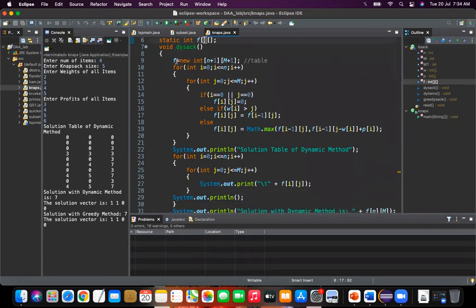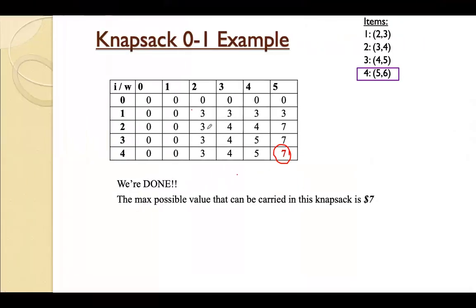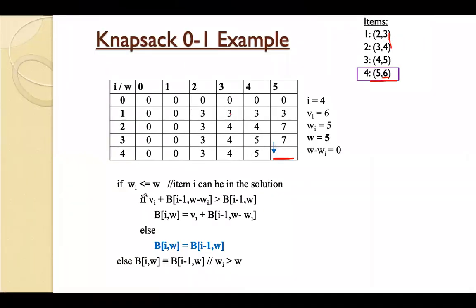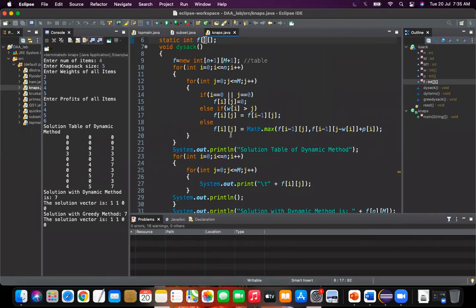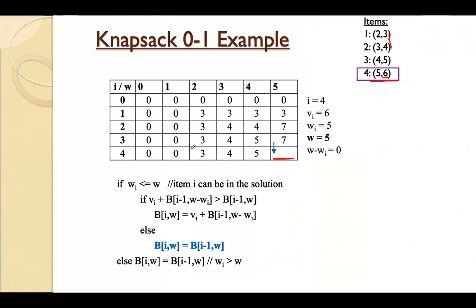So initialize the table F, and you can see here F of i j, where weight of i is greater than 0. See these 3, if else, that is nothing but what we have used here. So the same thing is implemented in the program. That is why I have explained these instructions here with respect to each row and column value.